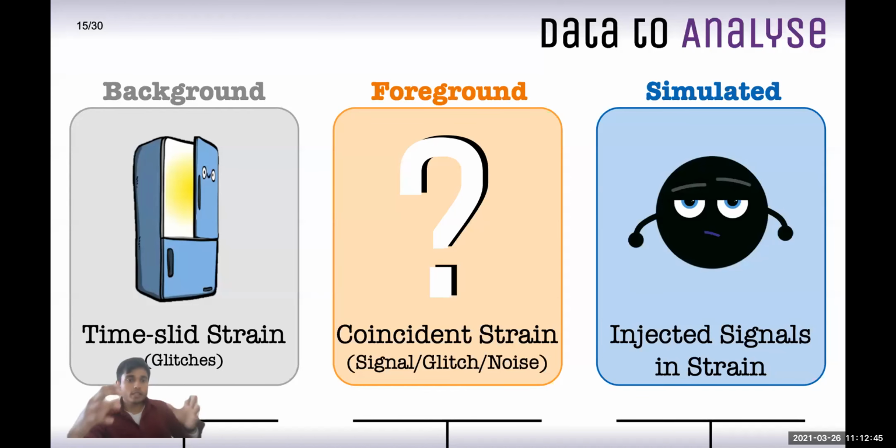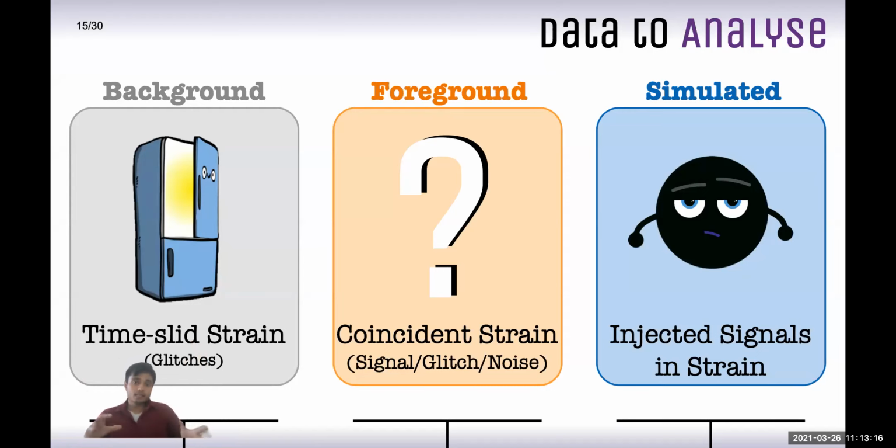Now, using this tool, we can start looking at background data, foreground data, and simulated data. So foreground data is the data which is taken from 2 or more detectors at the same time. The things that we find in the foreground data can be from real astrophysical signals, but it could also be glitches in the data stream, or it could also just be noise. Now, we also have this other category of background data.